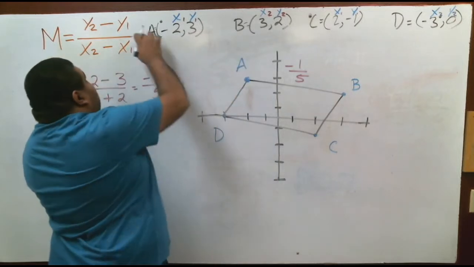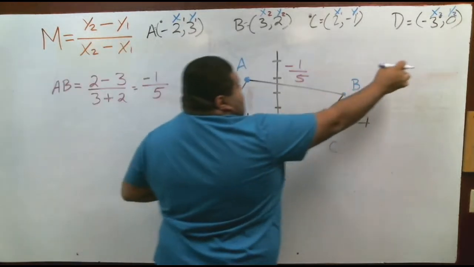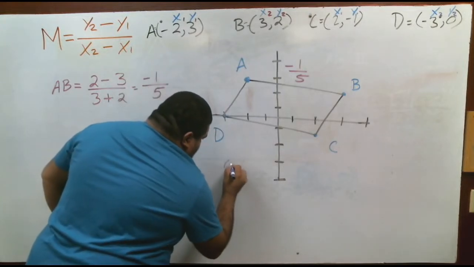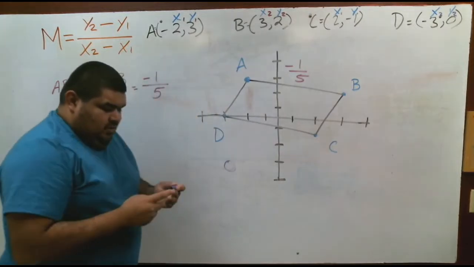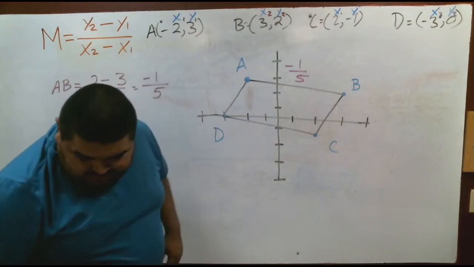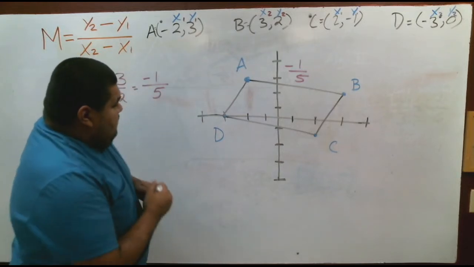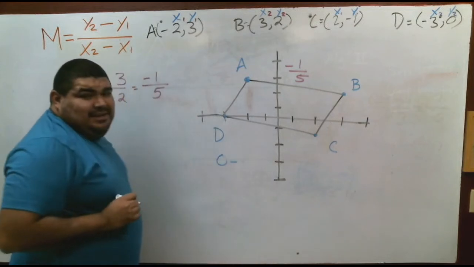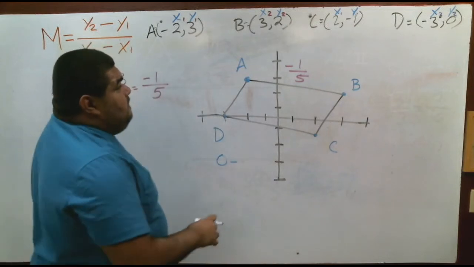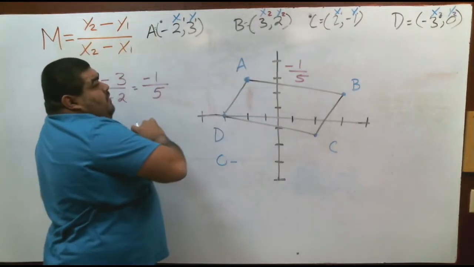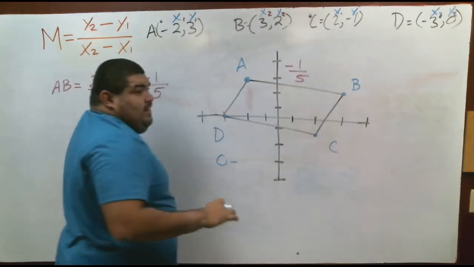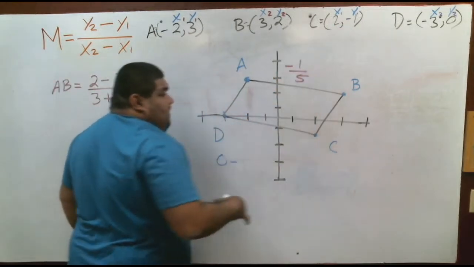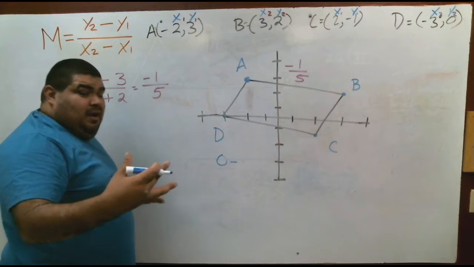So x1 for C, y1, x2, y2. So again, we're going to plug it in. Y2, in this case, is 0. So we have 0 minus, because remember, the formula is minus, y1, which in this case is negative 1. Again, remember, you have a negative, and then the 1 has a negative, it becomes positive 1.